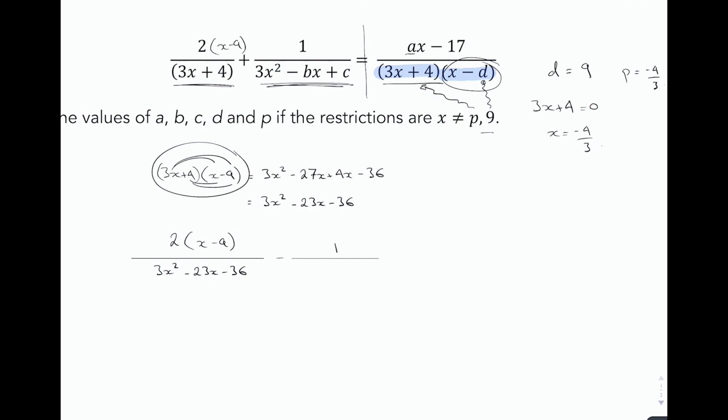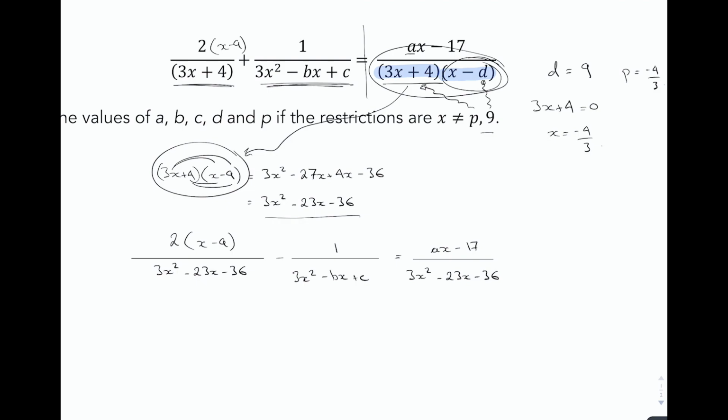And then I have this trinomial, 3x squared minus bx plus c equals ax minus 17. And that's all going to be over, well, really, it's going to be all over this. Because, remember, these two are just this here, which I've expanded into this term, so they have to be identical.